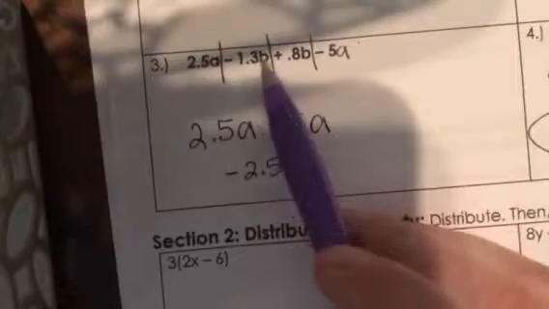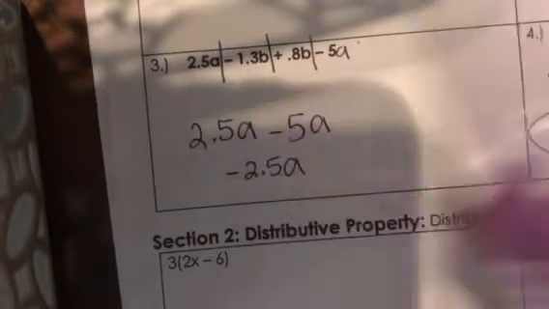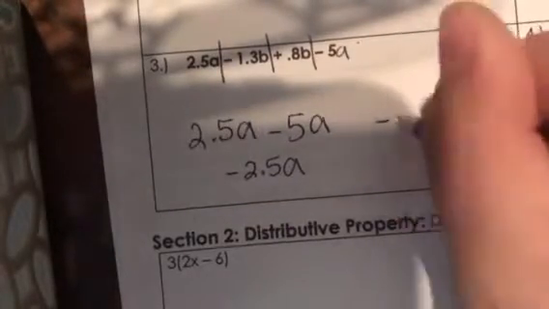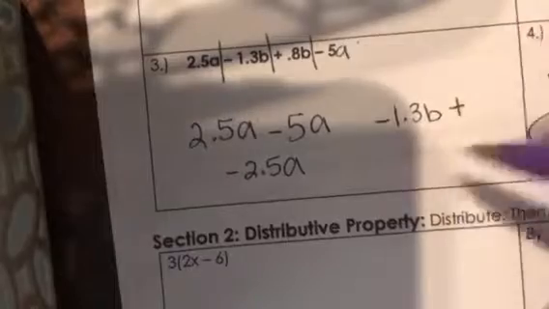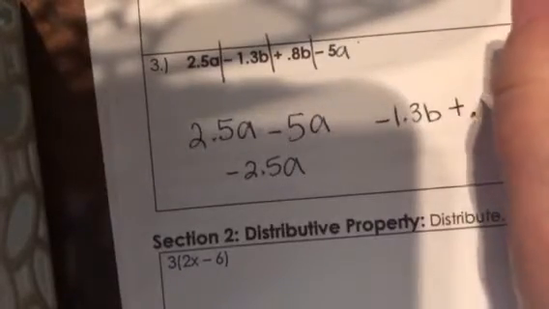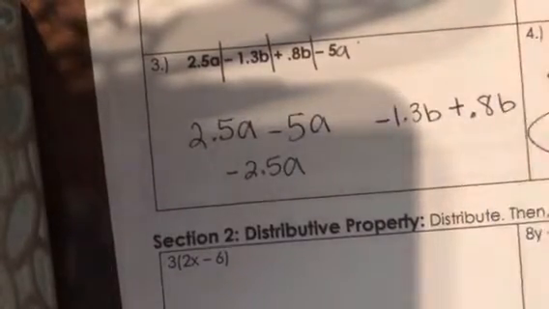Then you're going to look at your terms that are B terms. I'm going to bring down a minus 1.3B, minus or negative, they are interchangeable. Plus, I have 0.8B. Guys, you have a calculator. You need to make sure that you use it.